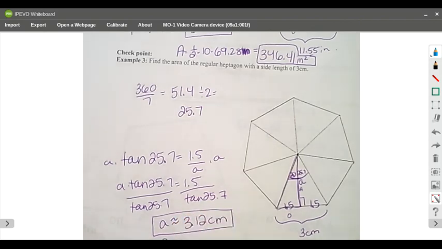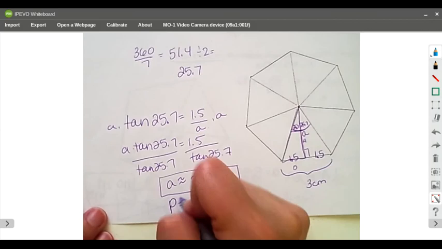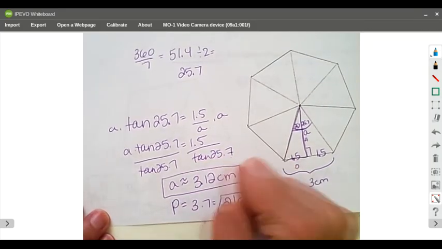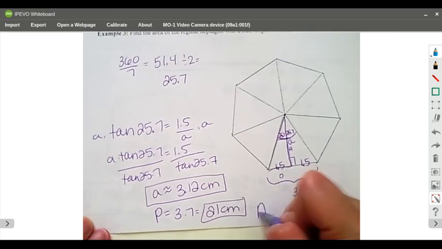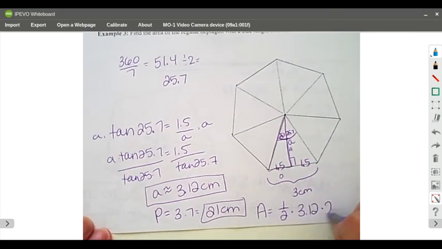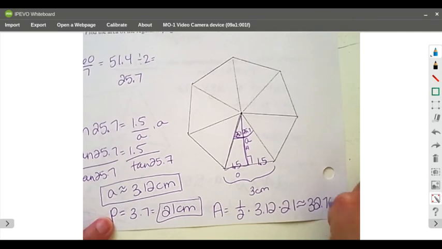Perimeter: we have 3 centimeters times 7 sides. So 3 times 7 would be 21 centimeters. And then put it all together. So area equals 1/2 times 3.12 times 21. And you get about 32.76, and that's square centimeters.